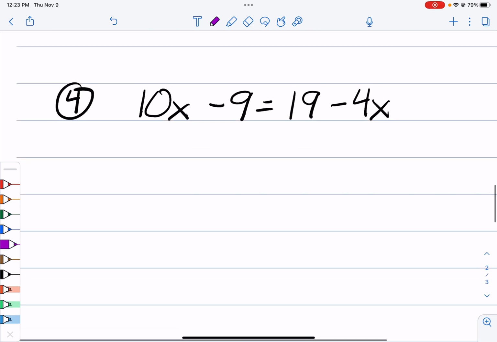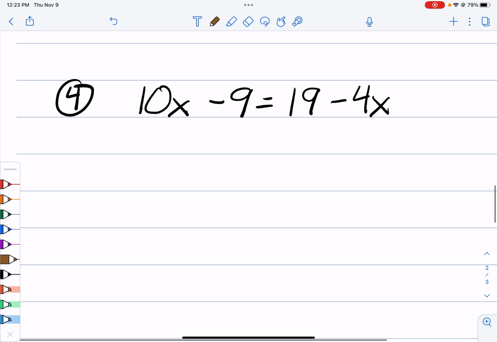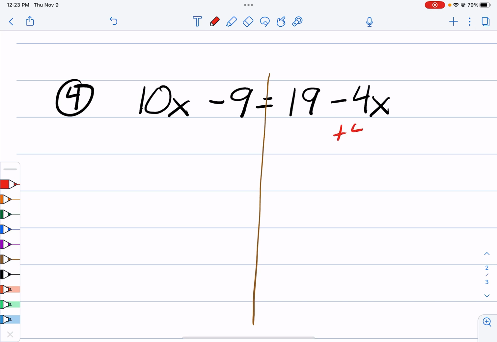Okay, so you might want to pause this video right now, give this one a try on your own, and then come back, see how well you're doing, see if you're doing pretty good understanding where the variables move. So I'm going to solve this one by adding 4x to both sides. So my negative 4x and 4x are 0.